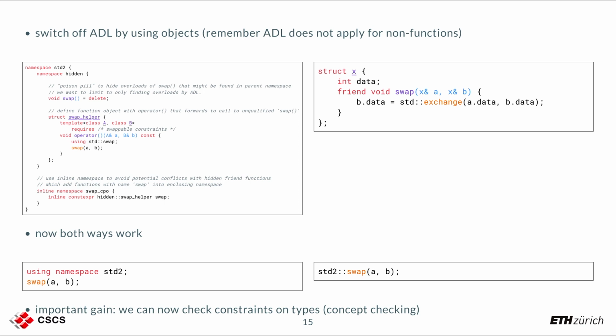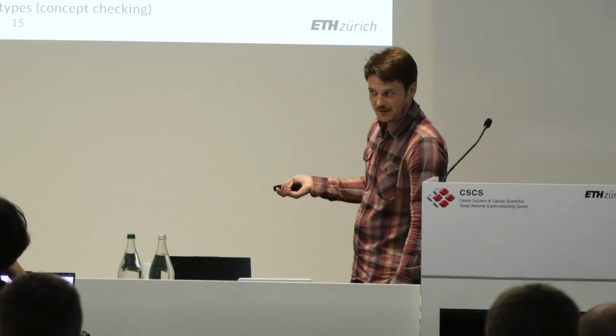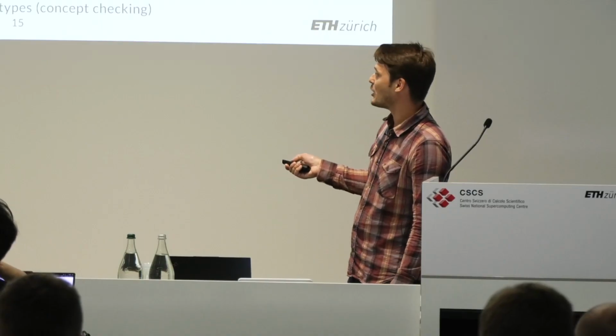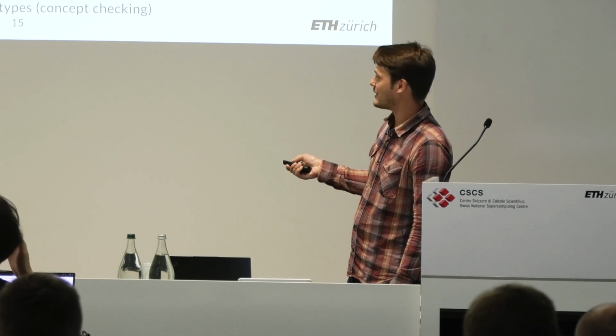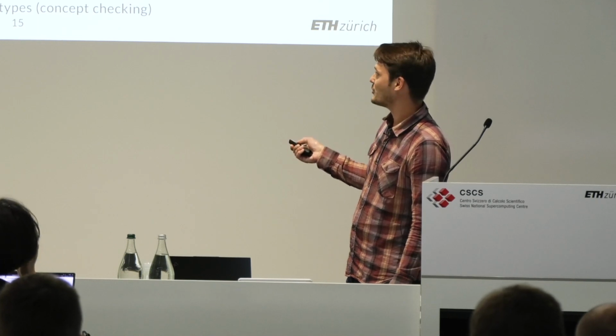But once you've done this, you can then define your struct X in the same way as you would have before, but now you can write it in this way or in this way, and both will do the correct functionality, because swap is no longer a function but an object. And so this will not do argument-dependent lookup, but it will use the object.